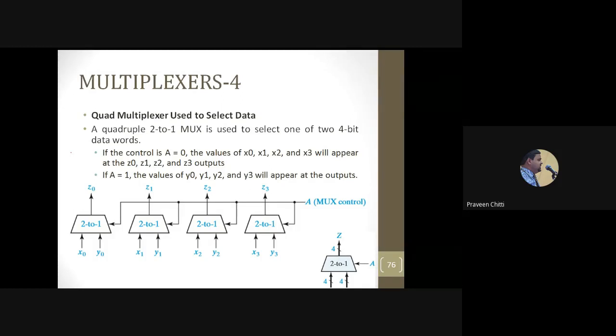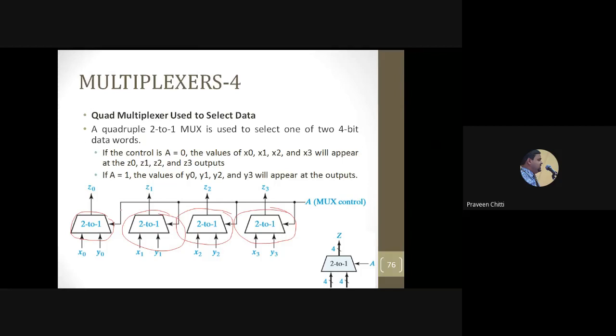As I said, a single 2:1 mux gives you a single-bit output. Now you want a 4-bit output, so you have to connect four 2:1 muxes as shown there. You can see here the first 2:1 mux, second, third, and fourth.